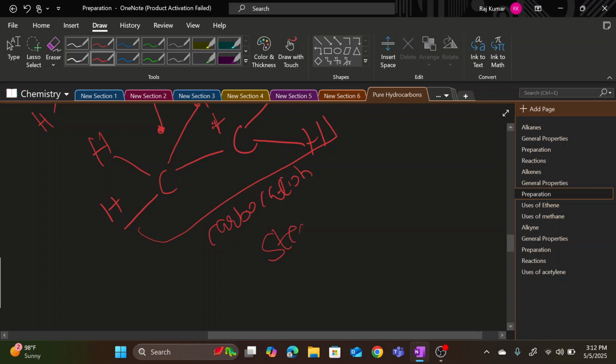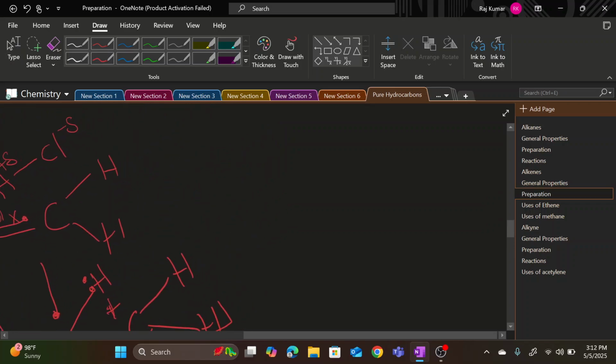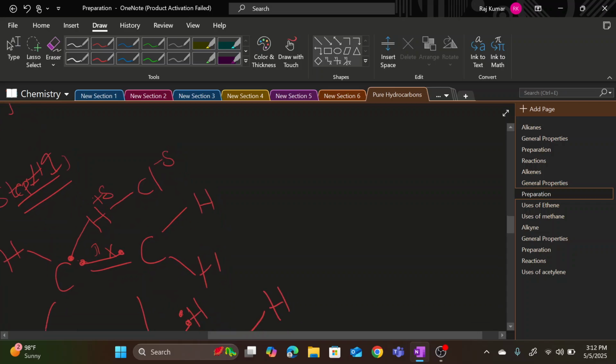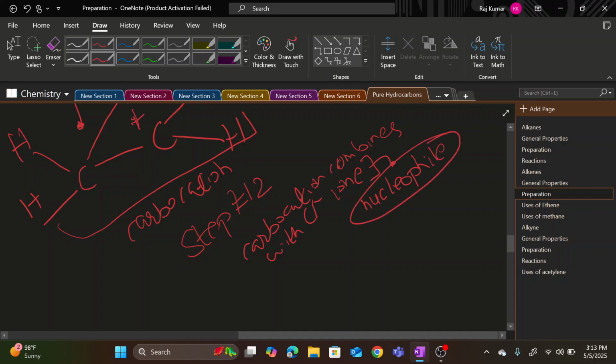In the second step, that carbocation combines with the negatively charged chloride ion, or we can also say that it will combine with a nucleophile, because it's a nucleophile that we generated from hydrogen halide.